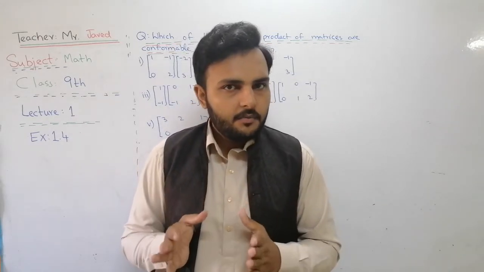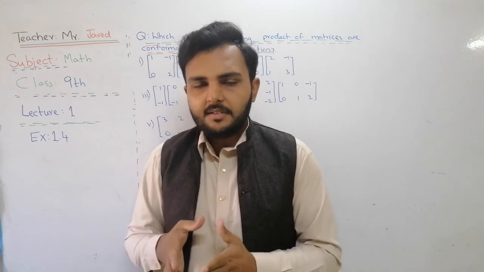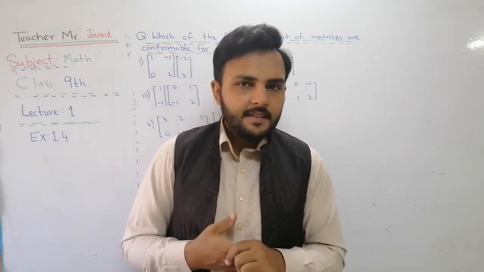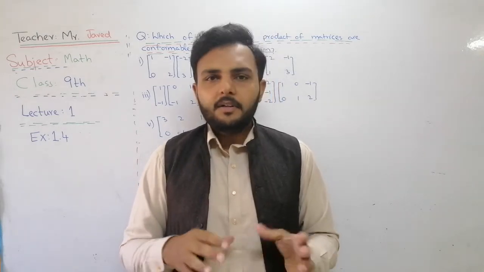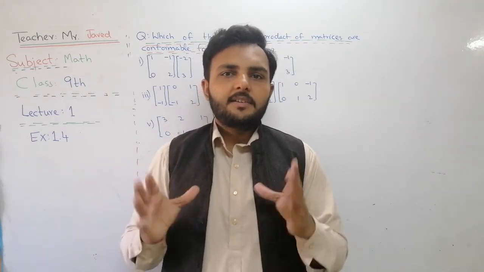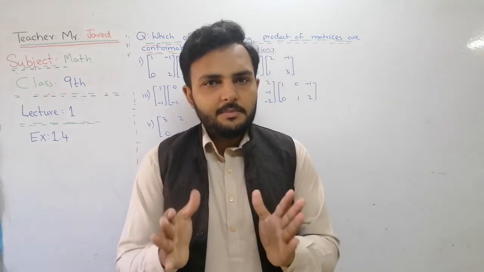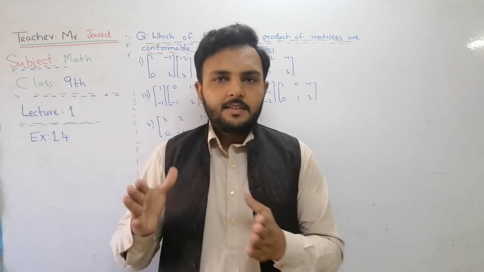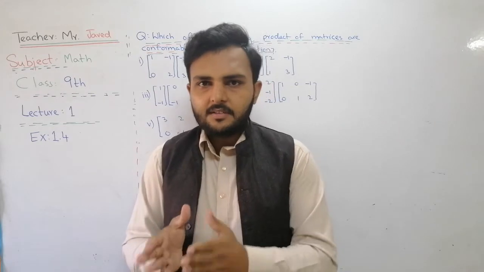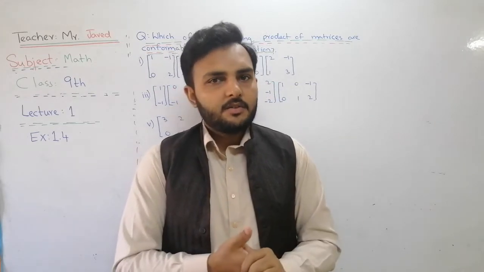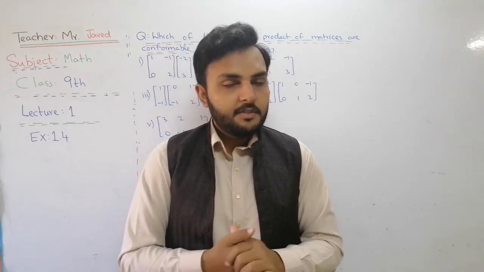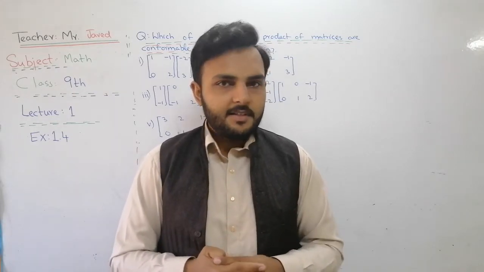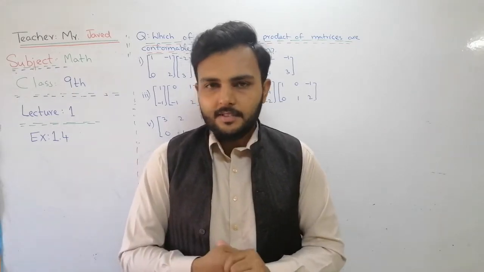If the number of columns in the first matrix is equal to the number of rows in the second matrix, then after writing the two matrices, you are going to multiply. Just before multiplication, you will check the rule: the columns of the first matrix should be equal to the rows of the second matrix. Then we can multiply, and these matrices are conformable for multiplication. Otherwise, it is impossible.